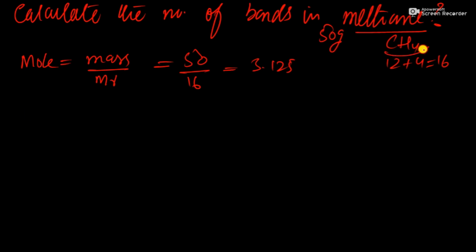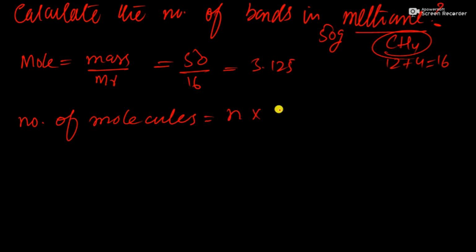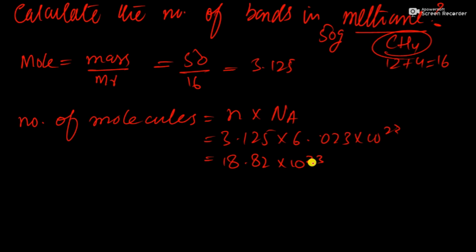It is a gaseous molecule and contains covalent bonds, so it is a molecule. To find the number of molecules, we multiply 3.125 into 6.023 raised to the power 23, and we get the same answer as previously, 18.82 raised to the power 23 molecules. It is the number of molecules.